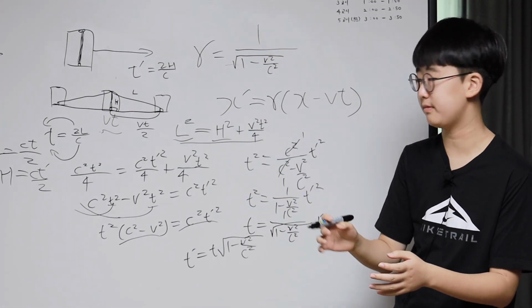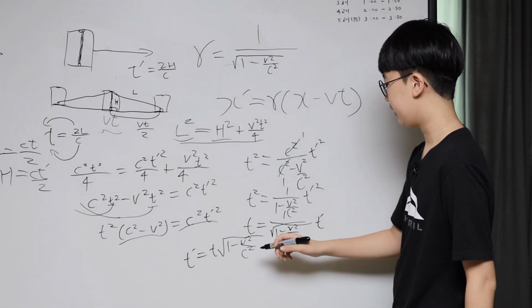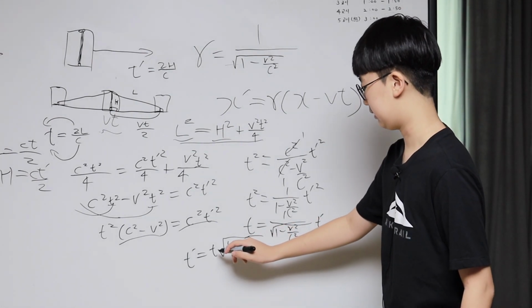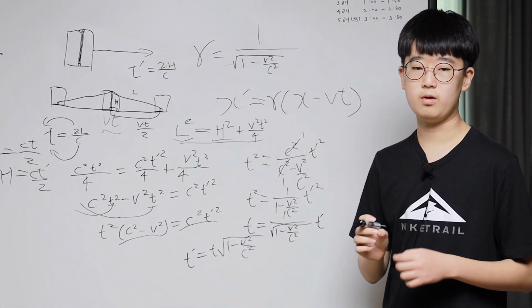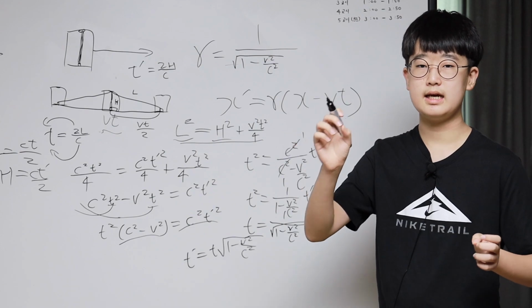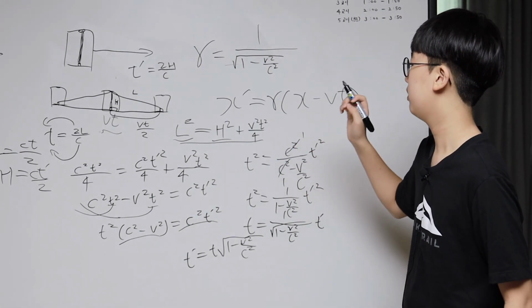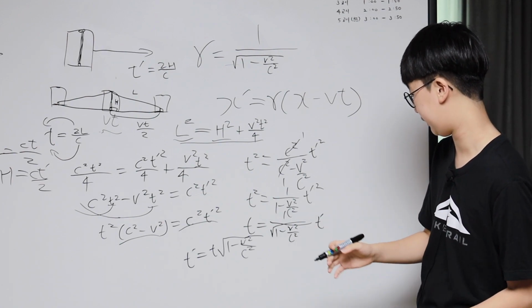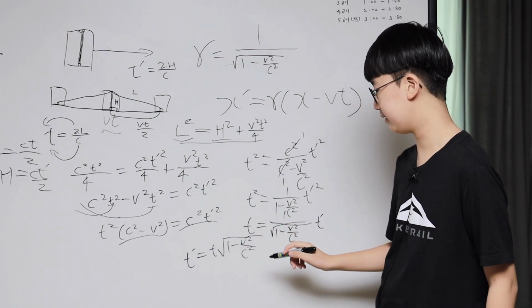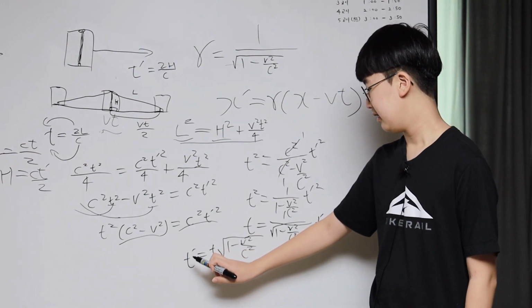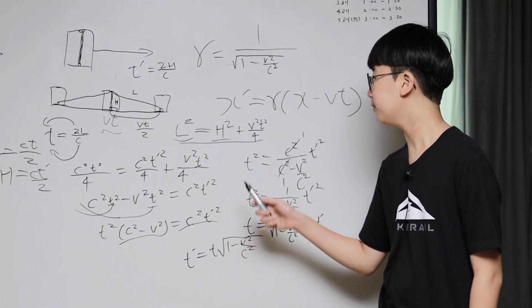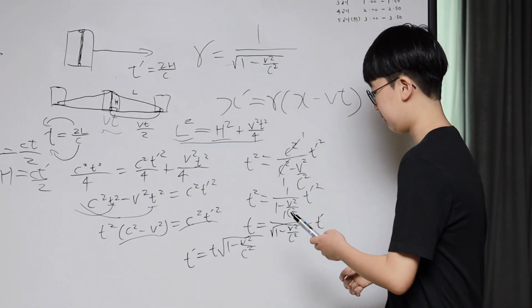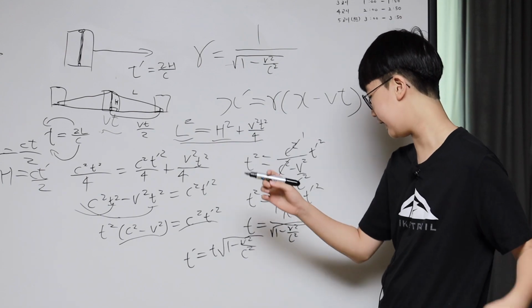Time dilation. So let's say t is 1: a second has passed for the stationary perspective, and the moving perspective is moving at a great speed.